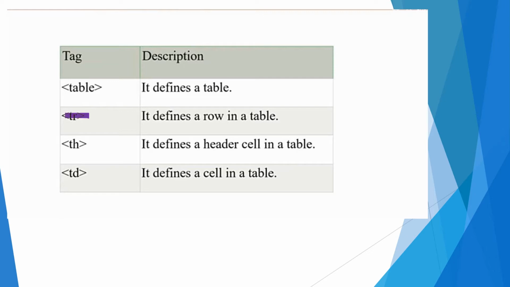For creating headers or fields we will use the th tag. For creating data cells or table data we will use the td tag. These are rows: first row, second row, third row, fourth row, and fifth row.